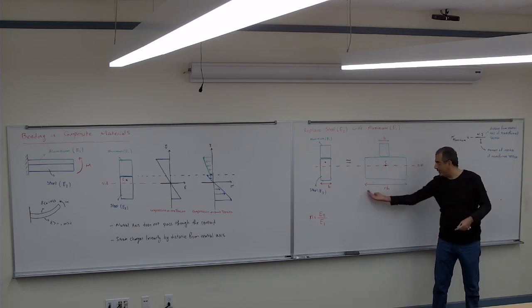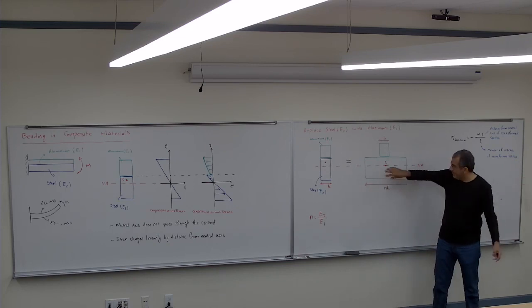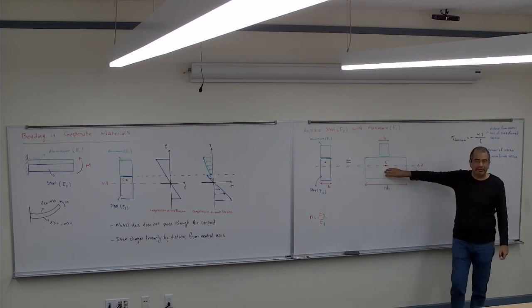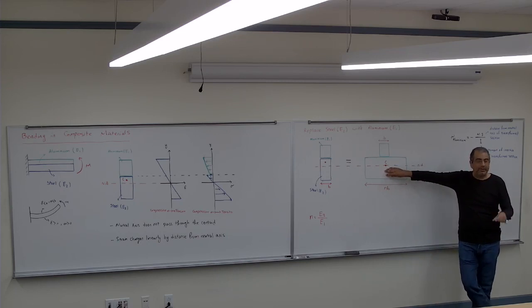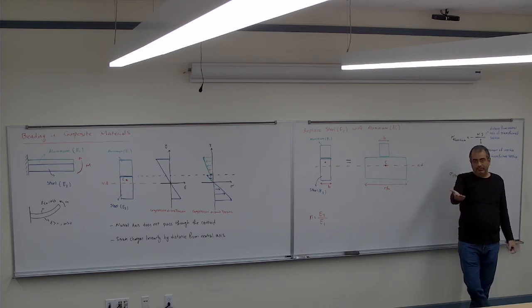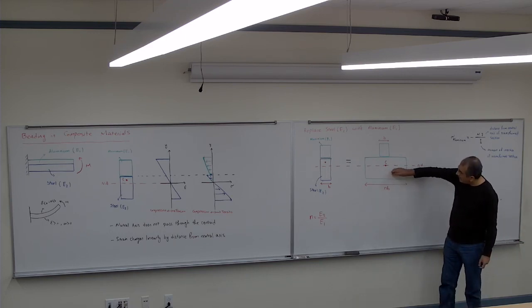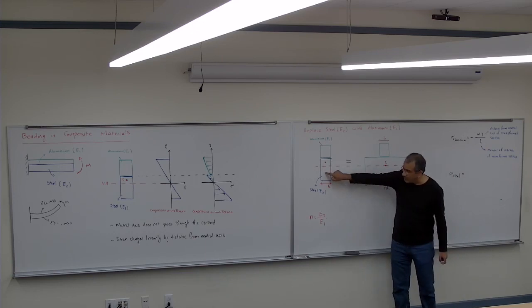So I make the area n times bigger, so the stress here in the transform section is n times smaller than what it actually is. You got it? I increase the cross section, so the stress is the force divided by area. I increase the area, so whatever I calculate here is n times smaller than what it was originally.